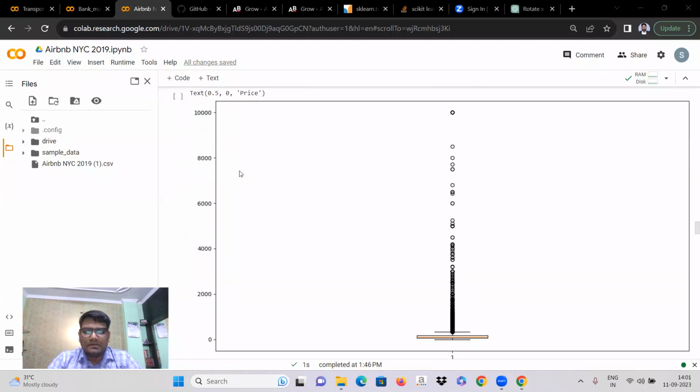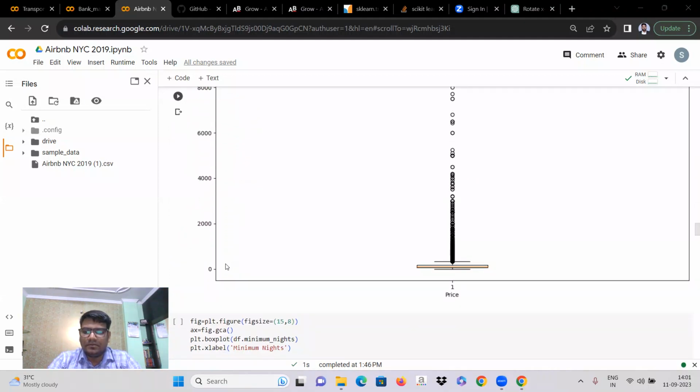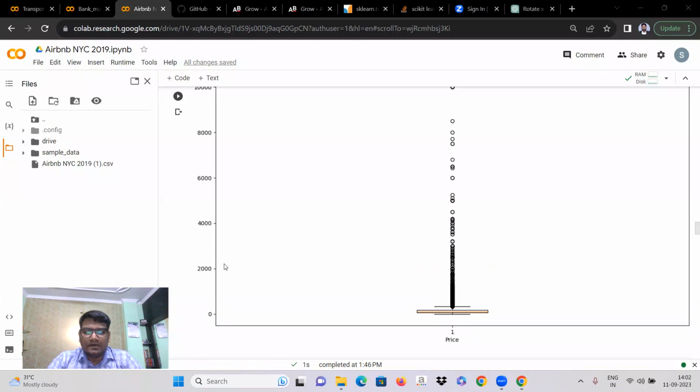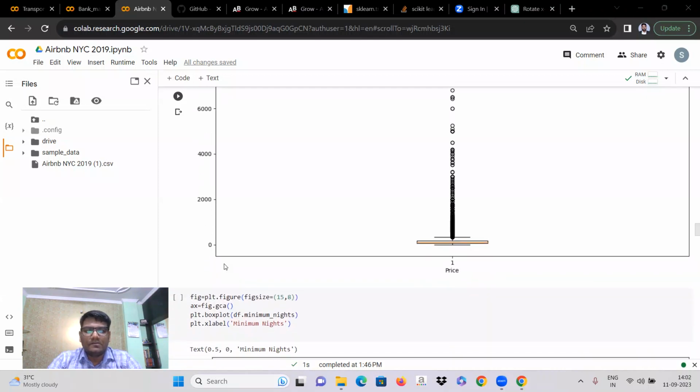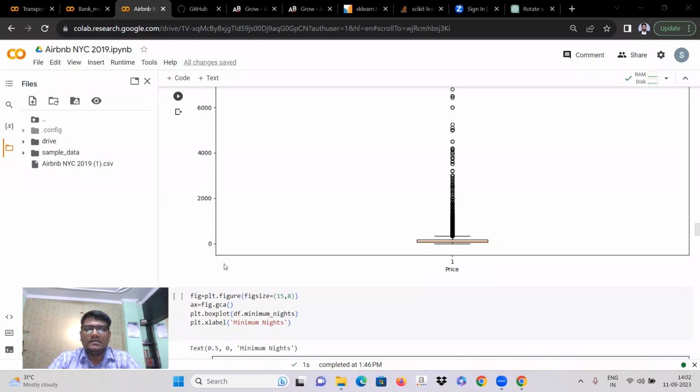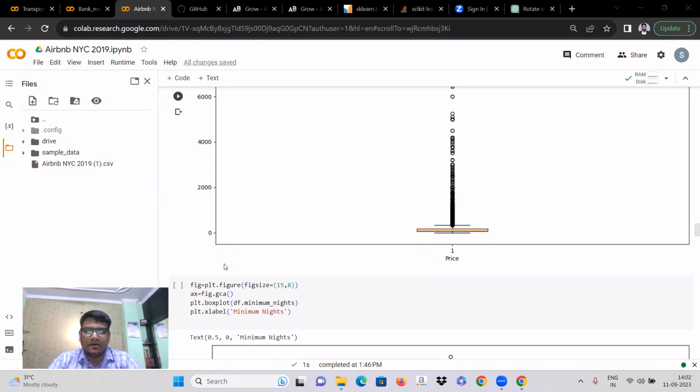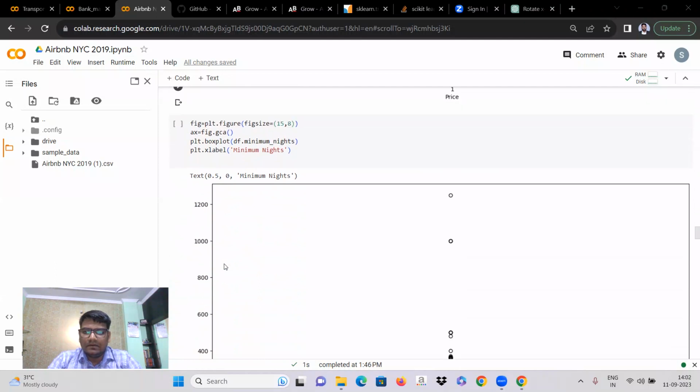So the price, as we have mentioned, most of the customers actually paid under $2,050, but there are customers who paid up to $10,000. Since they are considerably fewer in number, they can be considered outliers.